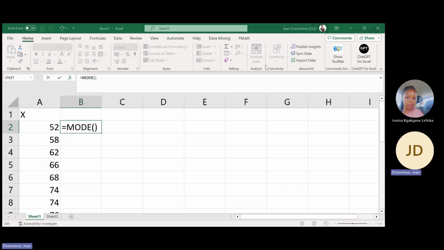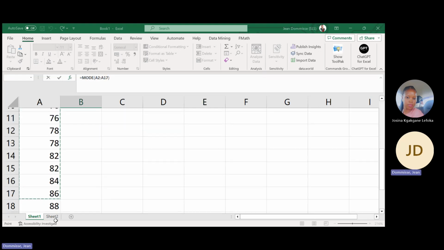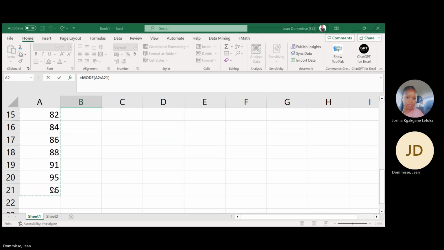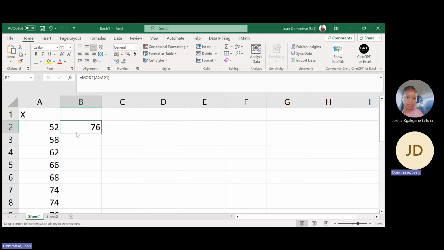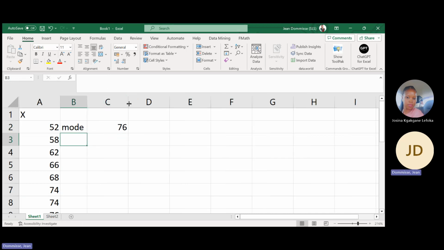So for the mode, I can put in the data, and it says the mode is 78. So let's quickly just check it as well. So remember, mode is the number that appears the most.